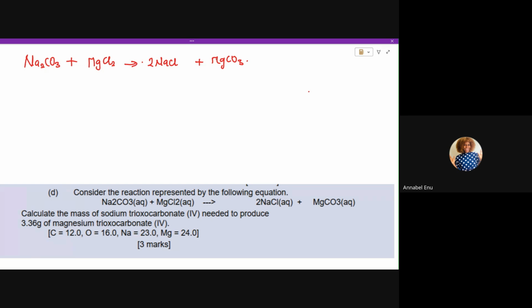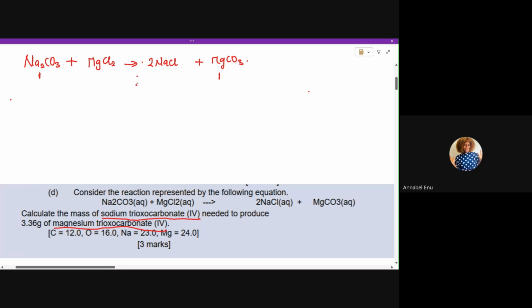Now the question is we should calculate the mass. You can see from the question, we are dealing with the relationship between sodium tricarbonate and magnesium tricarbonate. These are the two things we should focus on. We are going to ignore sodium chloride and magnesium chloride because our center of focus is sodium tricarbonate and magnesium tricarbonate, and their ratio is 1:1.